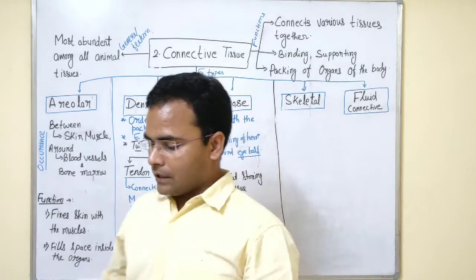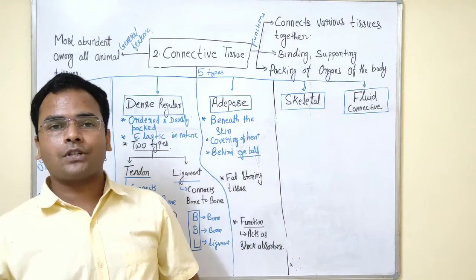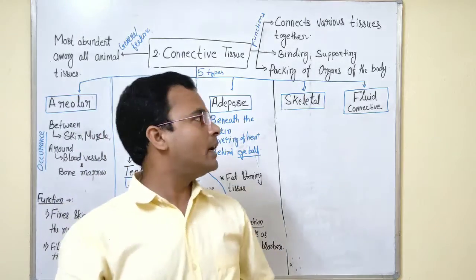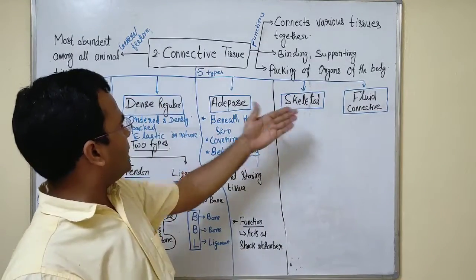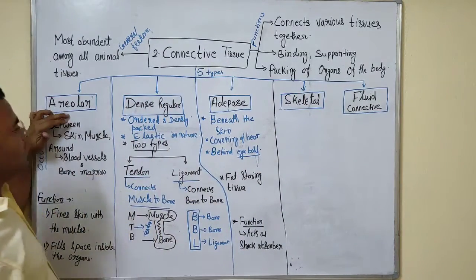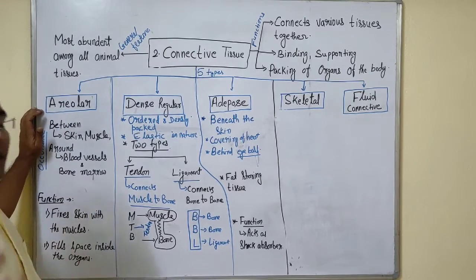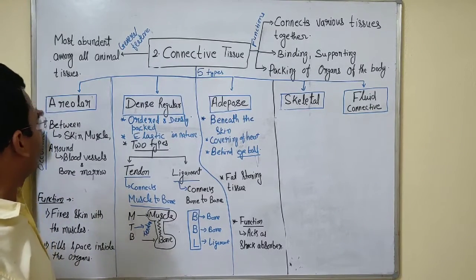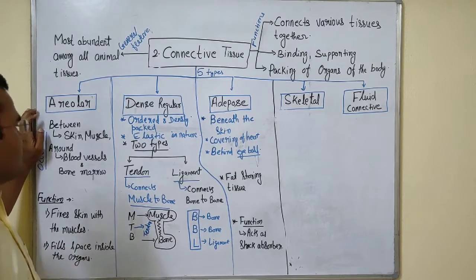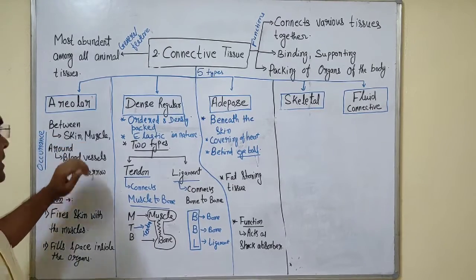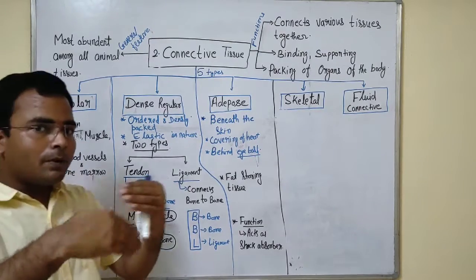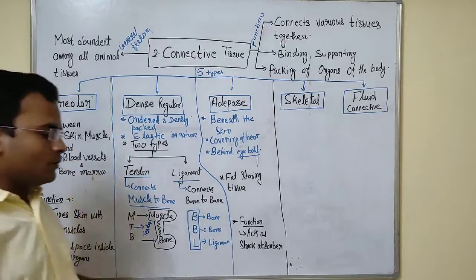Again, like other tissues, this connective tissue has been classified into these 5 types. The first one is the areolar connective tissue. What is the areolar connective tissue? It's a very simple one. Its occurrence is between the skin and the muscles, around the blood vessels and around the bone marrow.